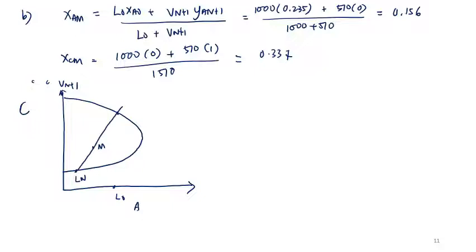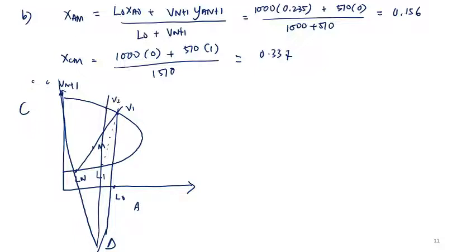Connect L_N and M to get V1. Then you connect V1 and L0. And then you connect V_{N+1} and L_N until it intersects to an operating point. And then you try to draw a tie line to get L1. And then from L1, you draw with operating point to get another point V2.